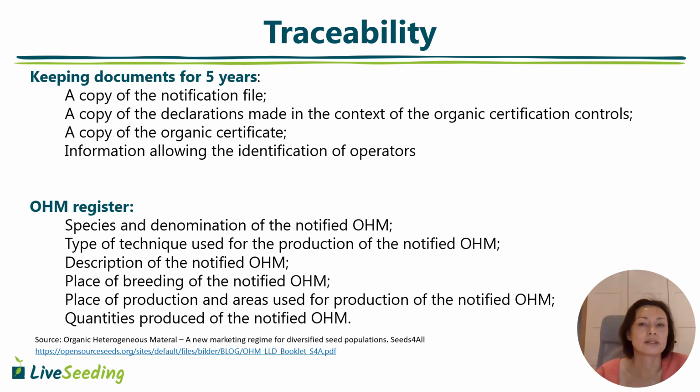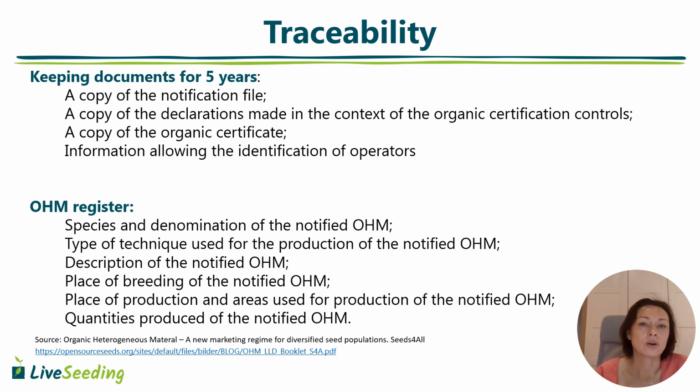Therefore, operators are required to keep the following documents for 5 years: a copy of the notification file, a copy of the declaration made in the context of organic certification controls, a copy of the organic certificate, and information allowing the identification of operators.